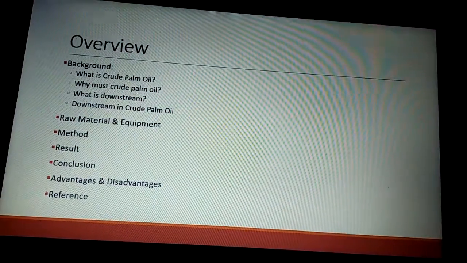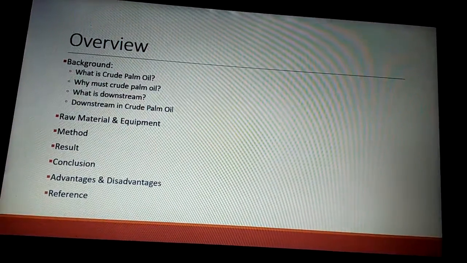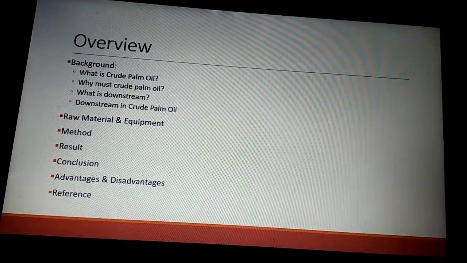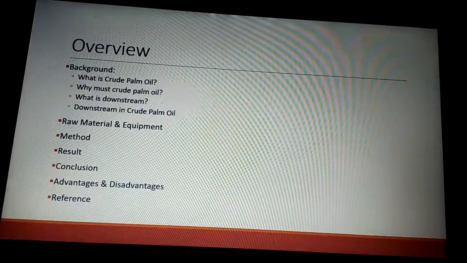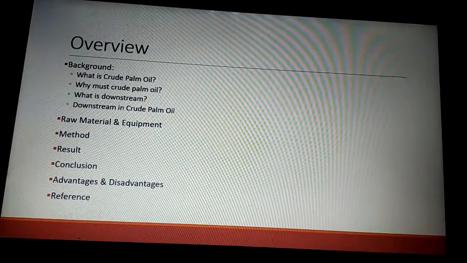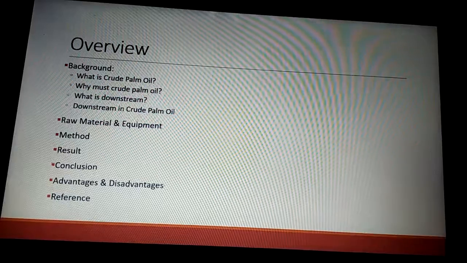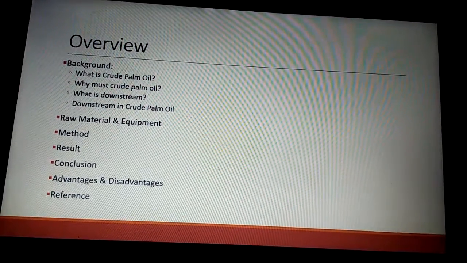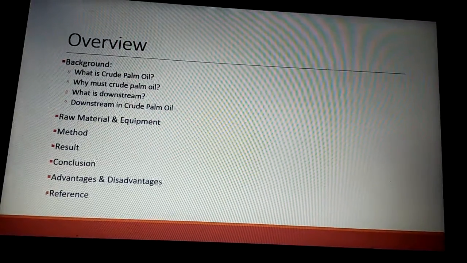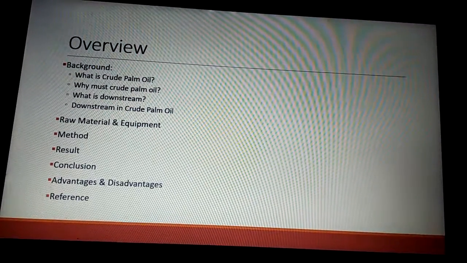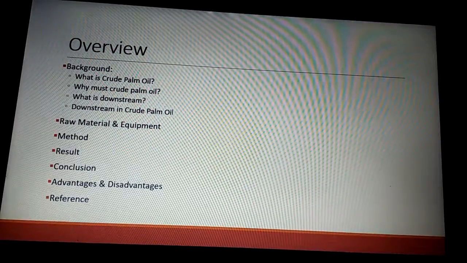Before I talk about this, I want to tell you my overview. First, background, including what is crude palm oil, why must crude palm oil, what is downstream in crude palm oil, raw material and equipment, method, result, conclusion, advantages and disadvantages, and reference.